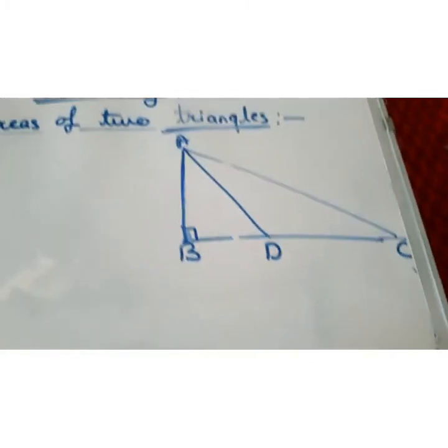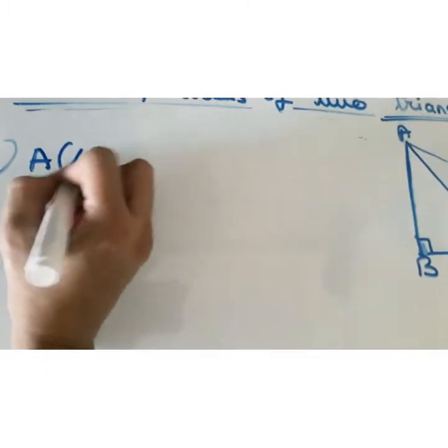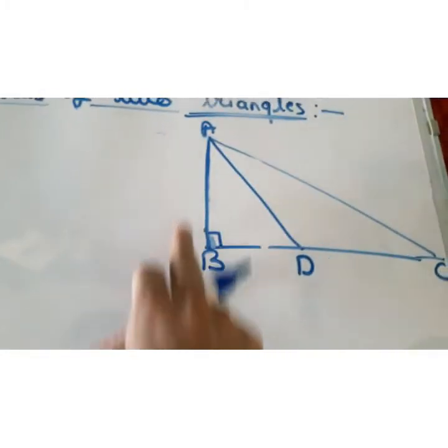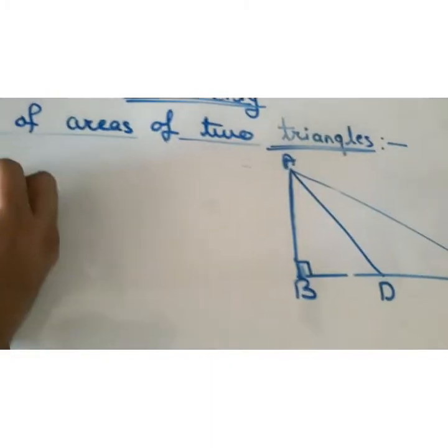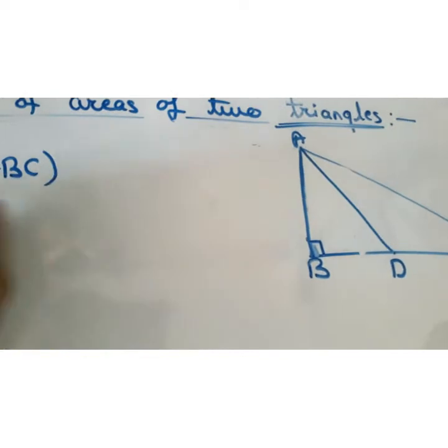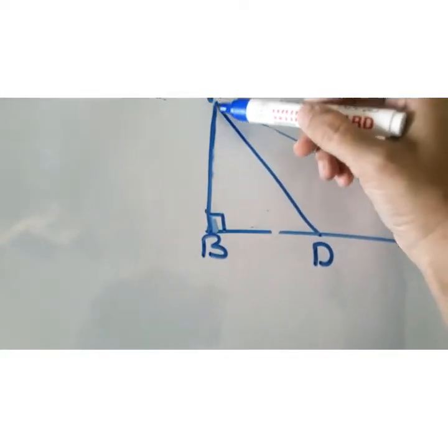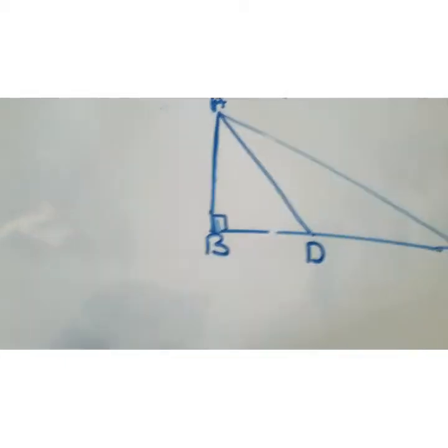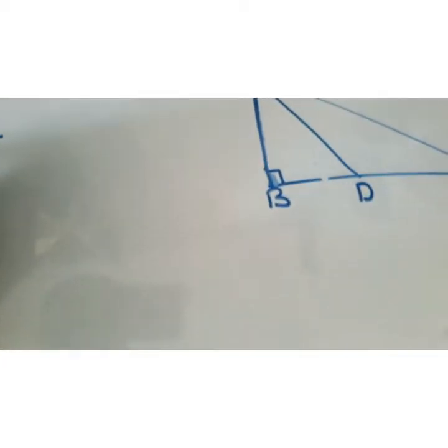Now let's consider two triangles. The area of this bigger triangle ABC, and its ratio with the other triangle ABD.